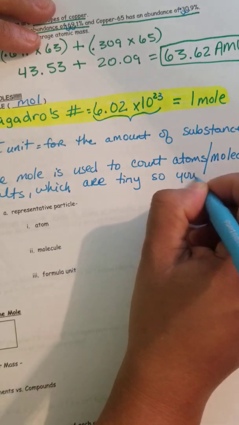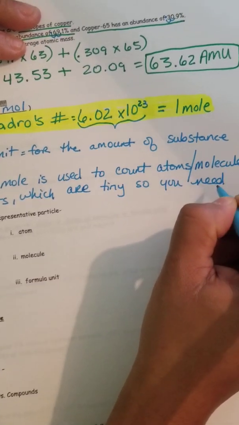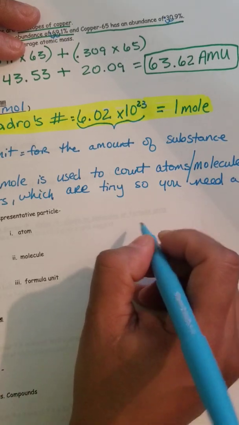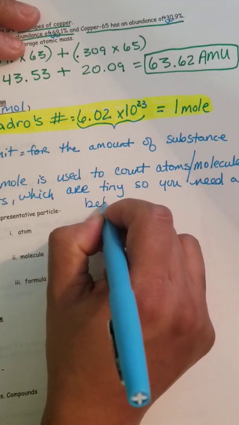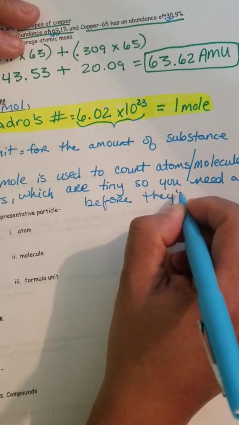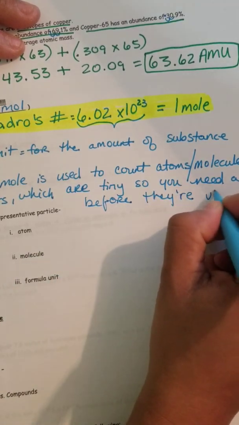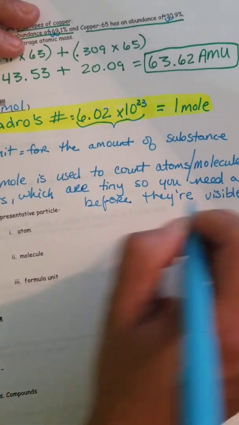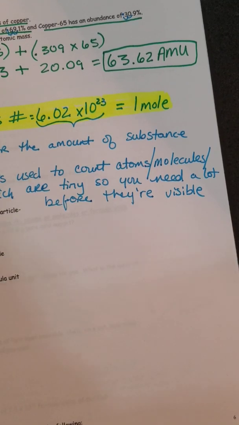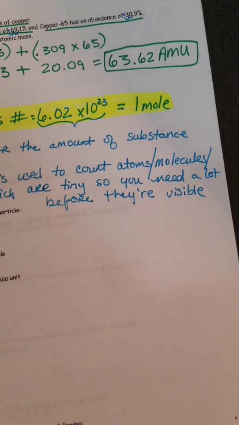So you need a lot before they're visible. All right? Atoms are so tiny. I need many moles of them before I can actually see it with my own eyes.